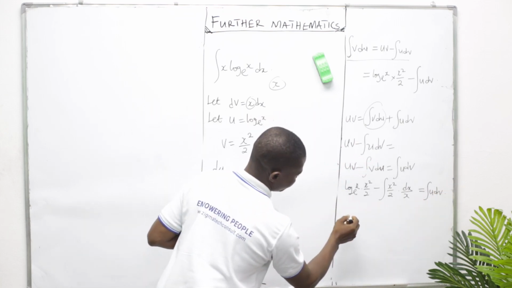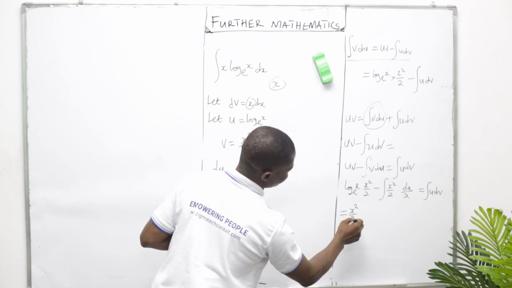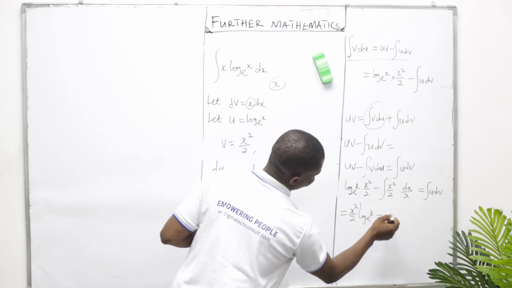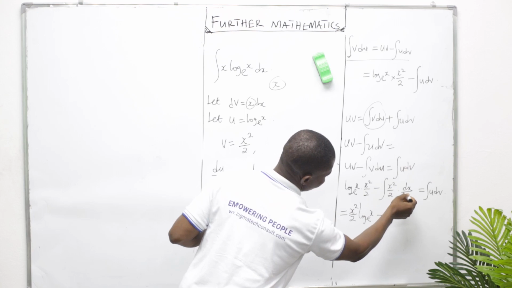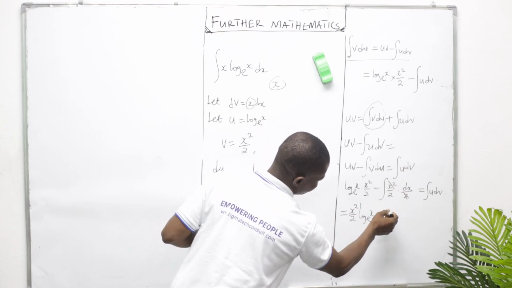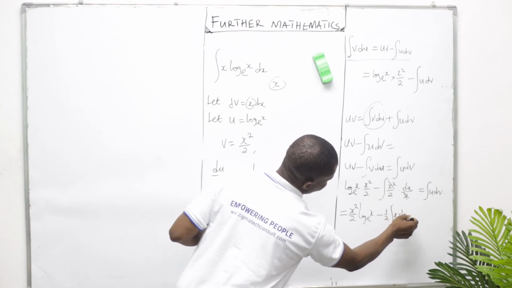From here, we'll have x squared all over 2 log x minus, if I cancel this, a constant 1 over 2 times the integral of x dx.